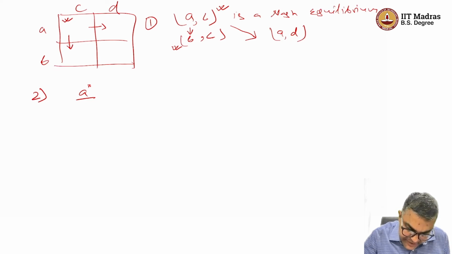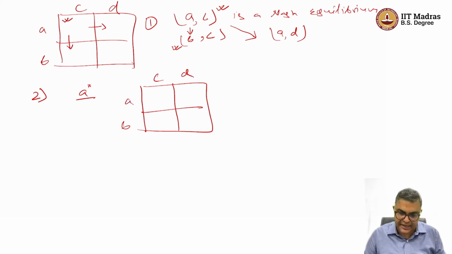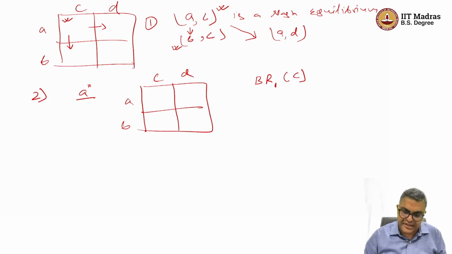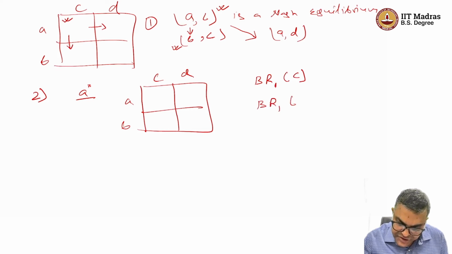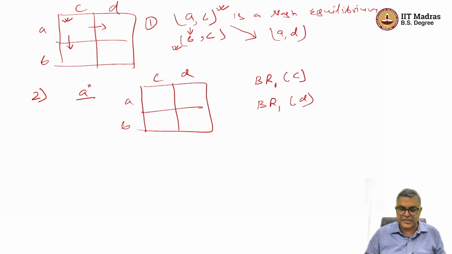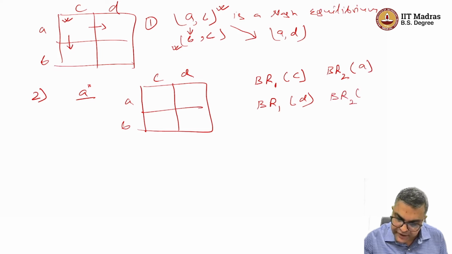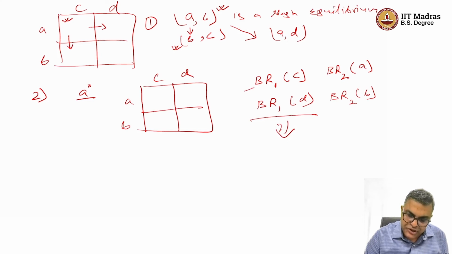In the two-player game, with exactly the same example, we can obtain the best response of player 1 given the second player is playing C, and the best response of player 1 given the other player is playing D. Similarly for the other player, we can obtain the best response of player 2 given that the first player is playing A, and given that the first player is playing B. In this way we obtain the best response correspondence of player 1 and of player 2, and then we can plot.